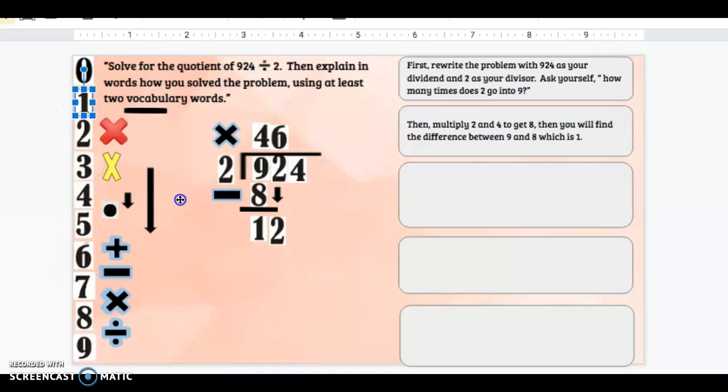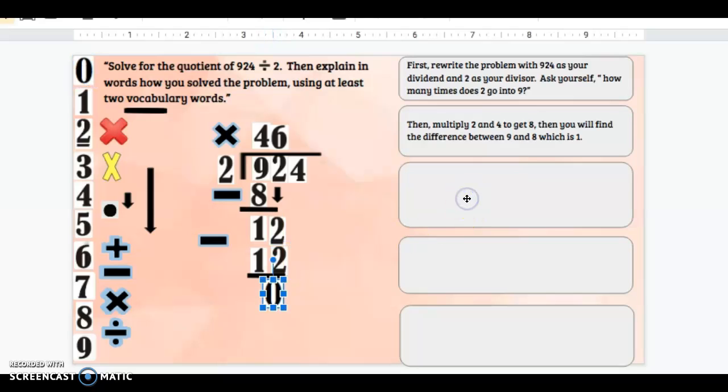And then we'll put our 12 below. And we'll subtract. And 12 minus 12 is 0. Zero.